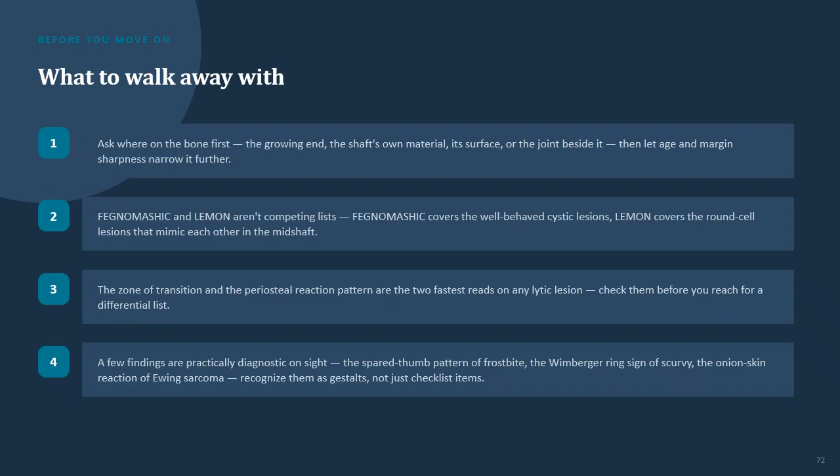It happens because the outer part of the bone stays relatively dense while the surrounding bone becomes a lot less mineralized. So the Wimberger sign is a sign for patients that may have had or might be overcoming scurvy.